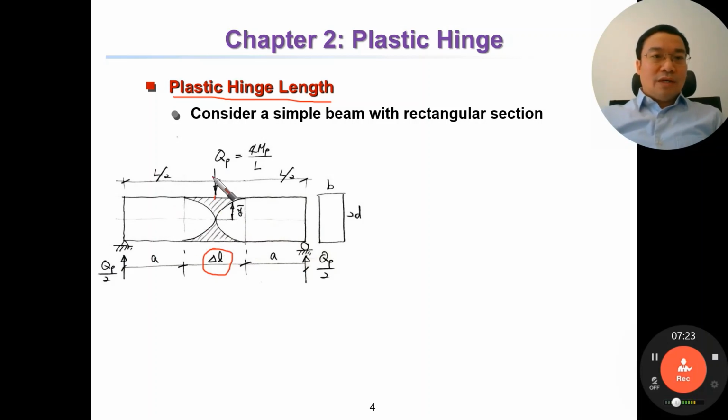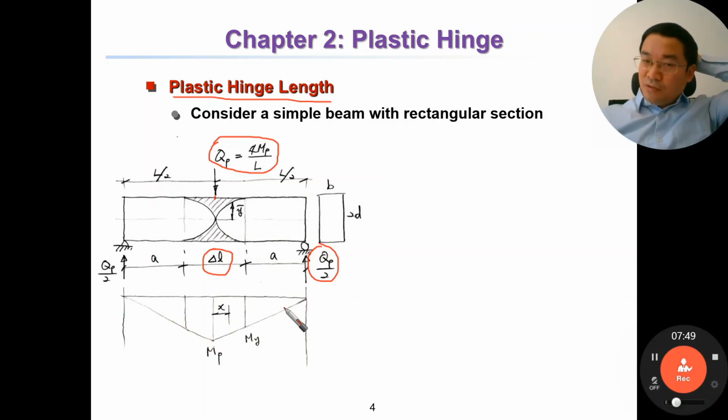We are going to determine this zone. As you already know, in plastic analysis, for the simple beam we have the plastic load, limit load, Qp equal to 4 Mp over L. And the reaction is Qp over 2. And this is the moment diagram.